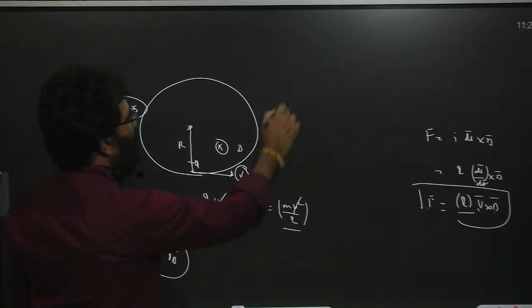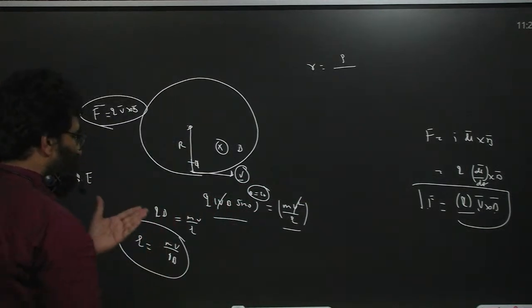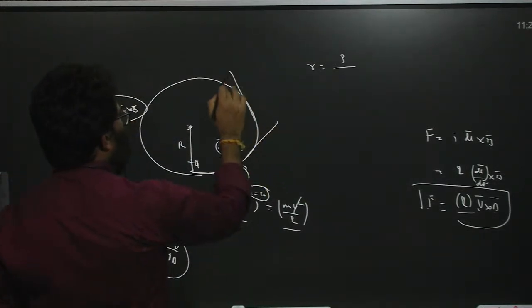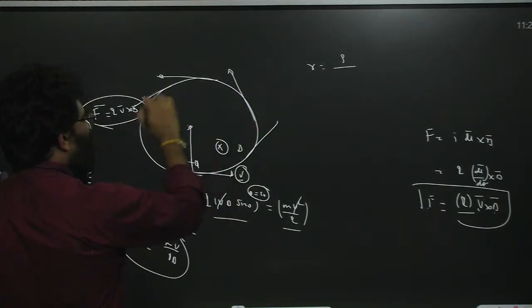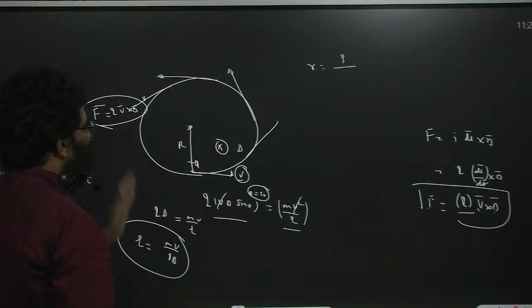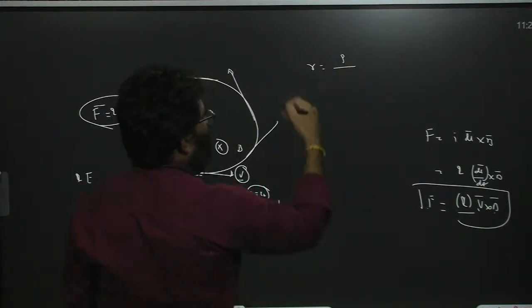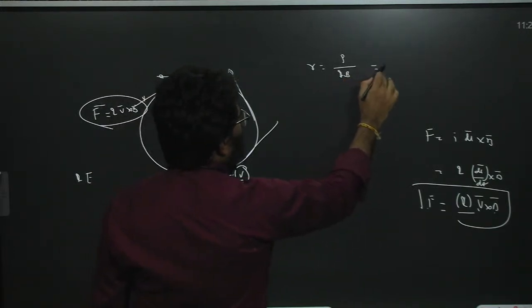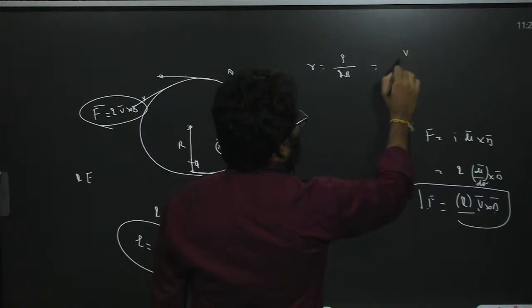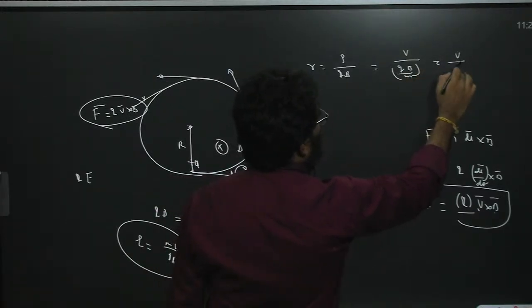So R is equal to momentum by qB, but velocity at any point will be along this direction. The direction is changing, the magnitude remains the same. So this particle is moving on a uniform circle with a constant magnitude of momentum by qB, or otherwise v by qB by m. qB by m is called omega.